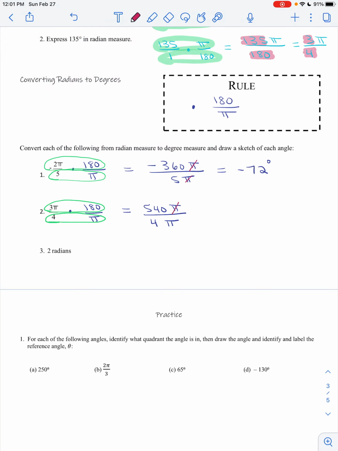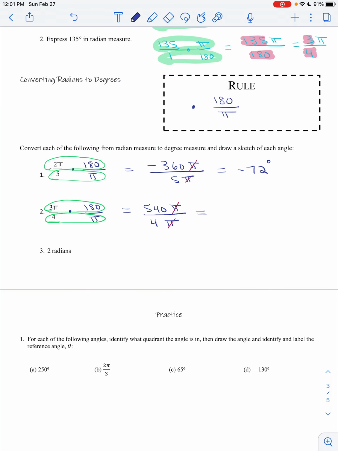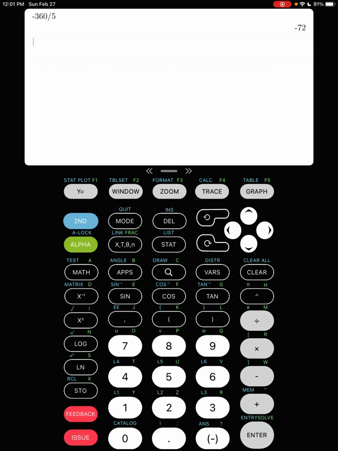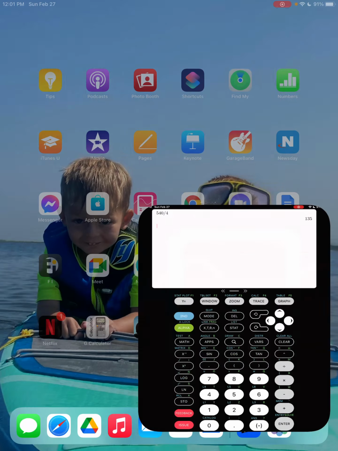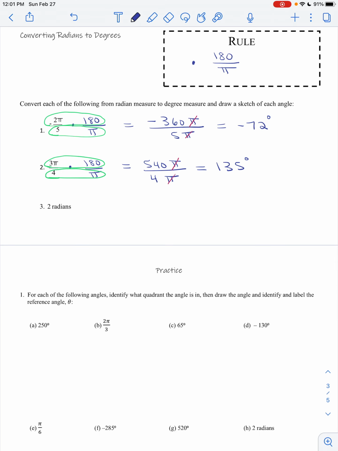Again, my pi's are going to cancel out, and I get 540 divided by 4, which is going to give me 135. So 135 degrees.